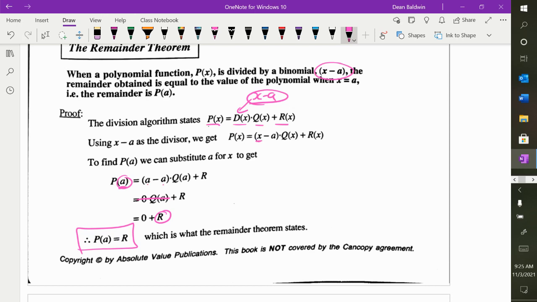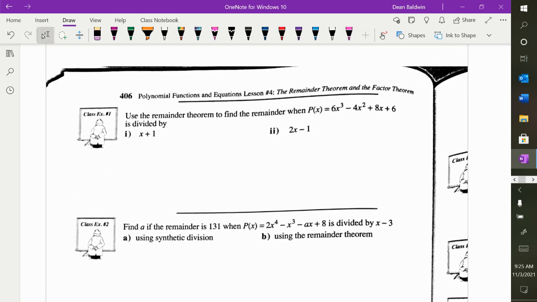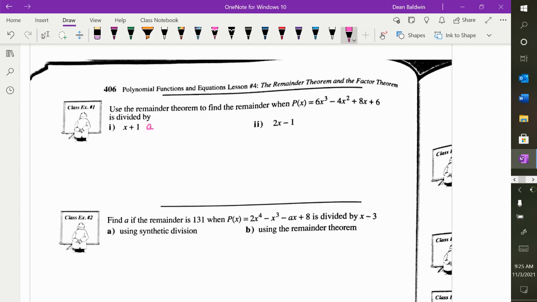All right, flip the page, please. So the most basic question you could get are these. Use the remainder theorem to find the remainder when this polynomial is divided by x plus 1 and 2x minus 1. What do I do? Find the A value. Okay, so what's the A value for the first one?